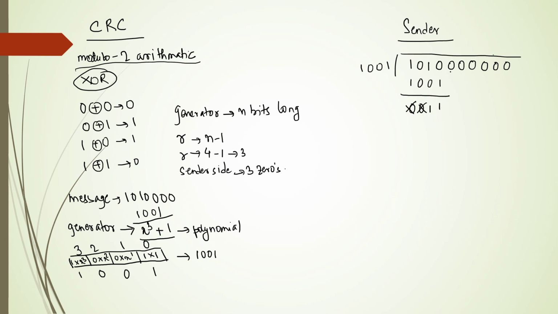So we will take down this 0, and this 0. Again if I multiply this with a 1, it will be 1001. So 1 and 0 will be a 1, 0 and 0 will be 0, 1 and 0 will be 1, and 1 and 1 will be a 0. The first bit is a 0, so we need to delete this. The first bit needs to be a 1, because we are always multiplying this with a 1.